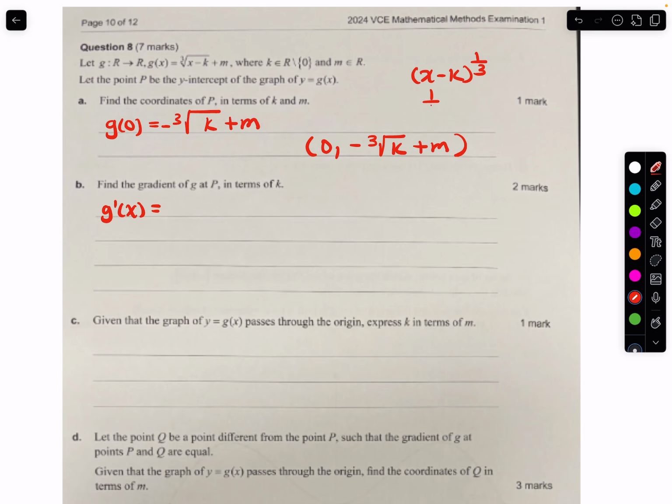You bring the 1/3 to the front, you differentiate the inside, which is 1, and you rewrite the power as 1/3 minus 1, which is 1 minus 3 on 3, which is negative 2 on 3. So you can write it as 1 over, bringing it to the bottom, 3 times x minus k to the power of 2 on 3. Done.